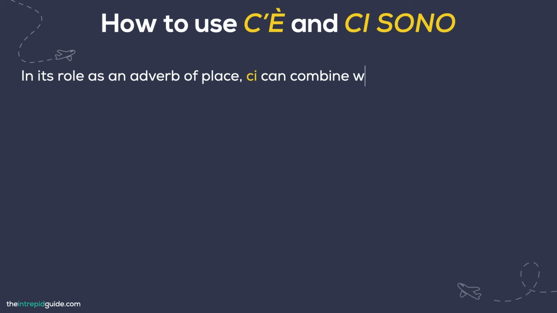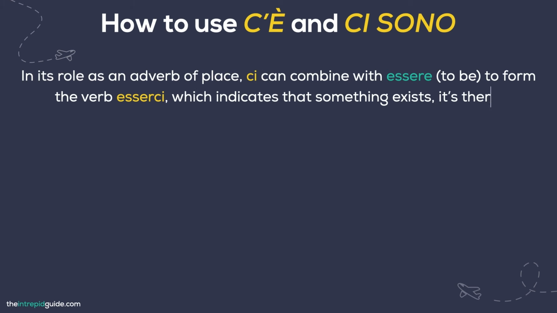So how do you use c'è and ci sono in Italian? Now, in its role as an adverb of place, ci can combine with essere, to be, to form the verb esserci, which indicates that something exists. It's there.